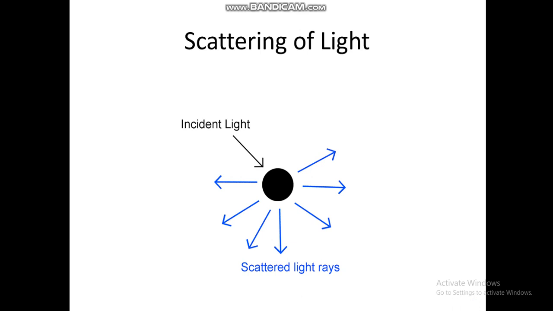So here you can see the incident ray, the light ray which is coming in this direction, when it hits a particle. The size of the particle should be a little bigger, not a very small particle. When the particle is of a size that is enough to scatter the light, what will happen? The light will be deflected or scattered in different directions. So this is known as scattering of light.